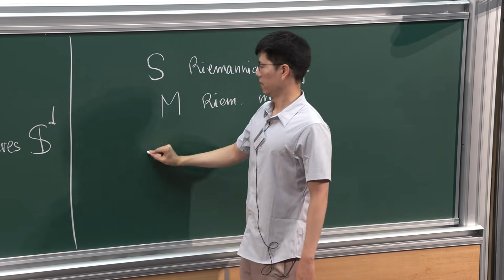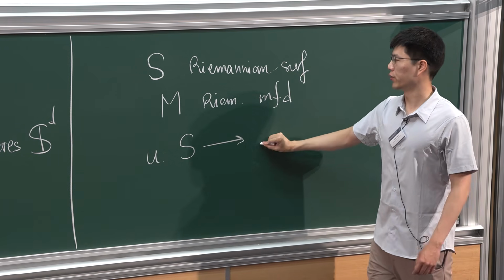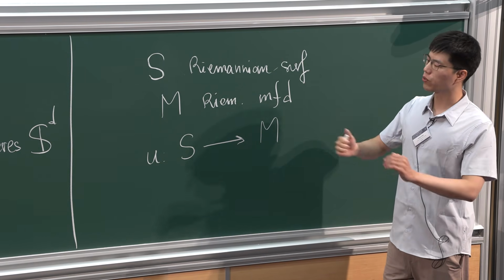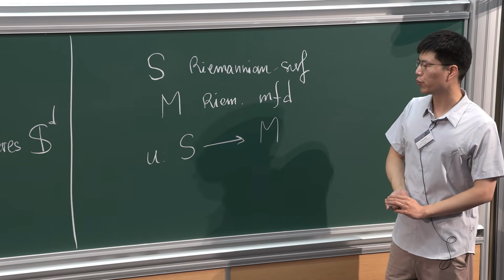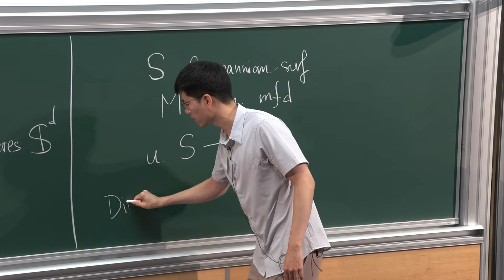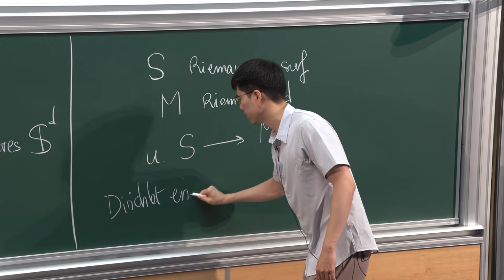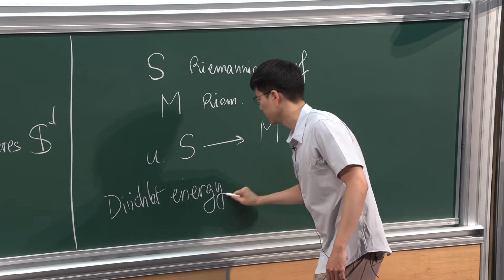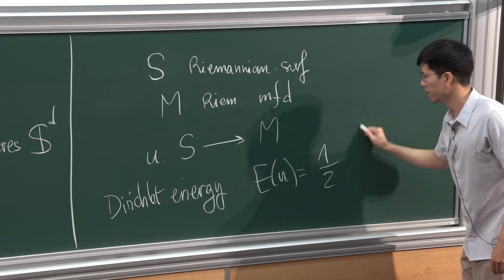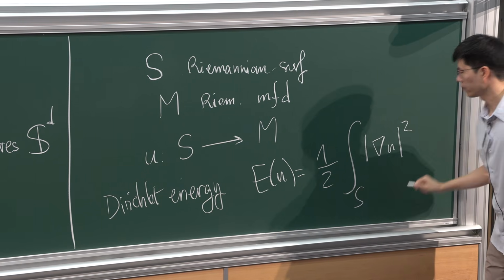You can consider some smooth map u from the surface to M. And maybe the easiest way to measure the complexity of your u is to look at its Dirichlet energy, which is defined as follows.